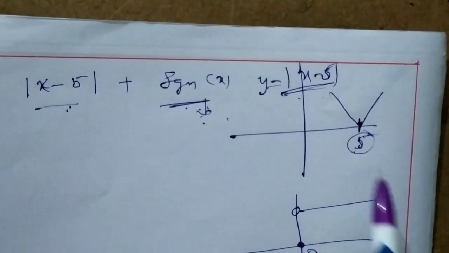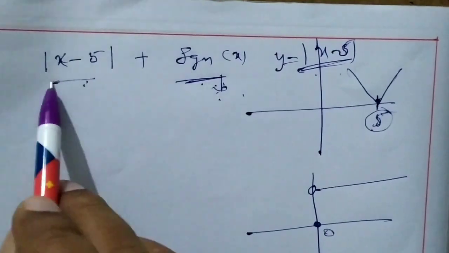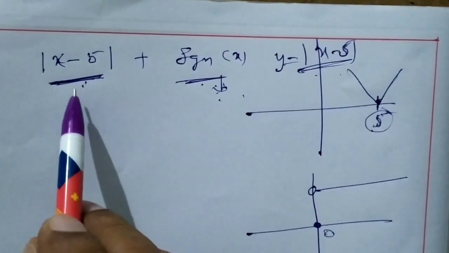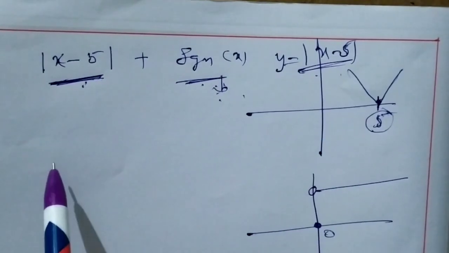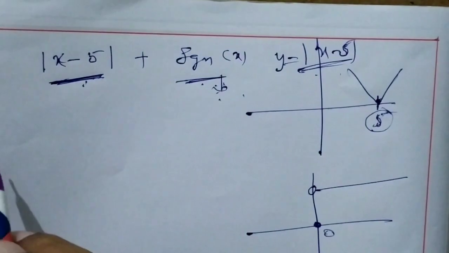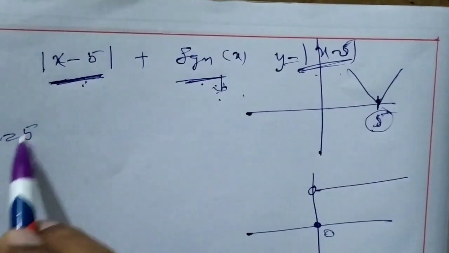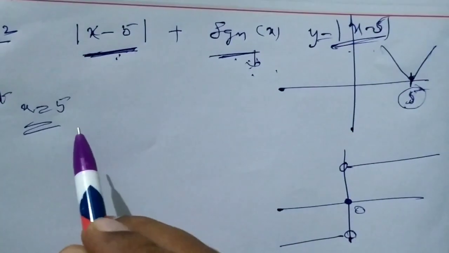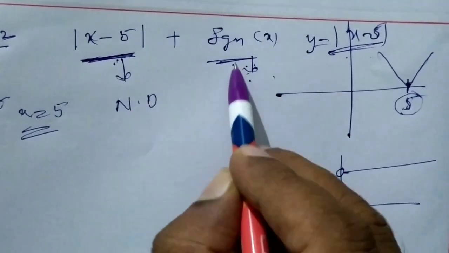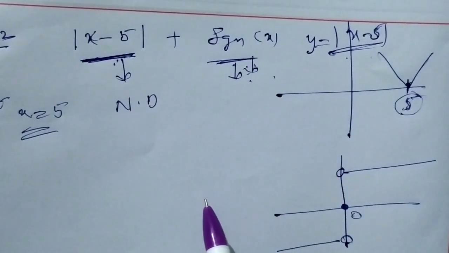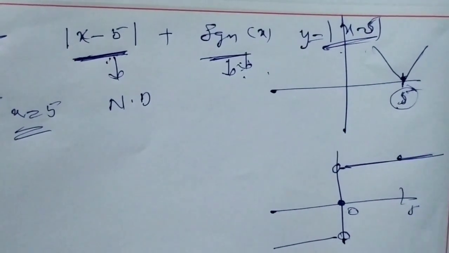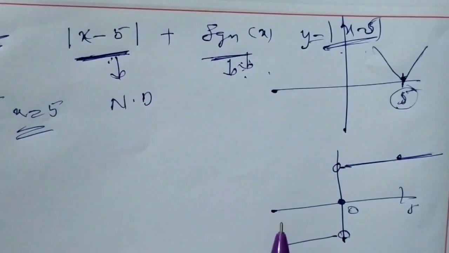At x is equal to 5. Now we need to find the differentiability of this total composite function, so we need to check at x is equal to 5 first. At x is equal to 5, this curve is not differentiable. What is the signum function there? It is a horizontal line. It is continuous and differentiable.